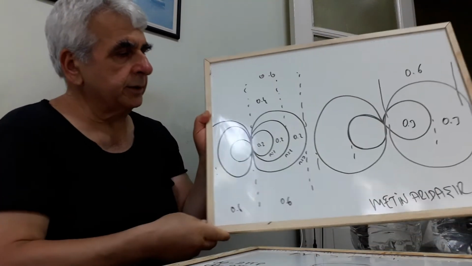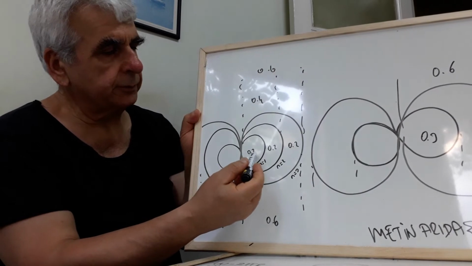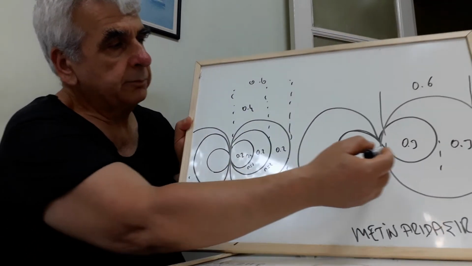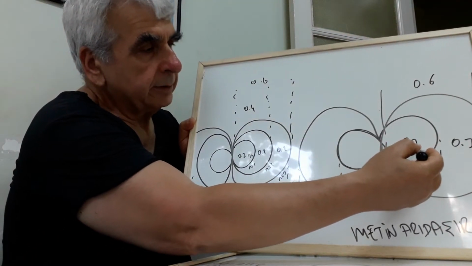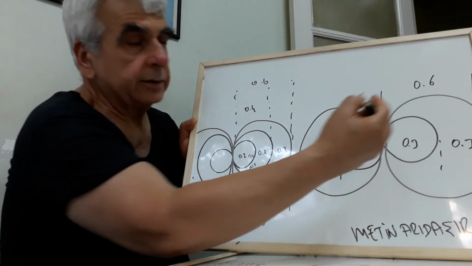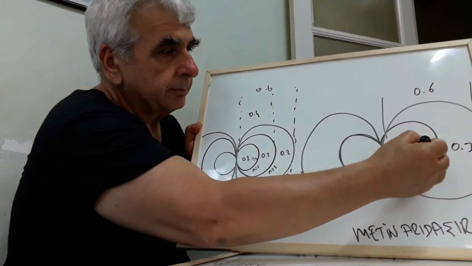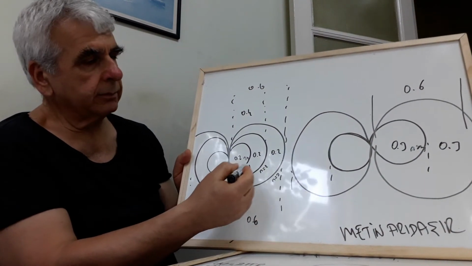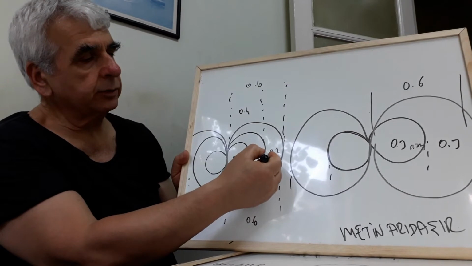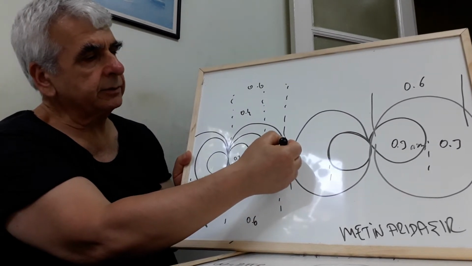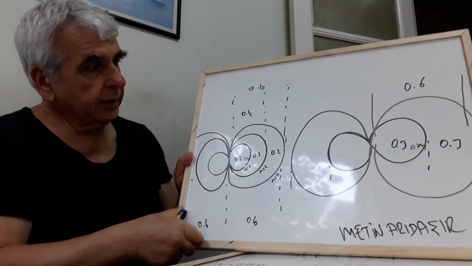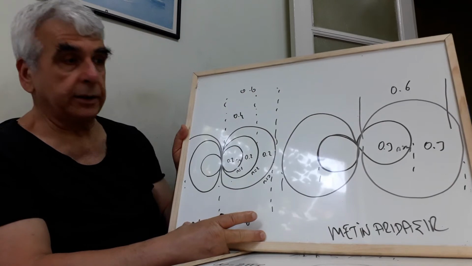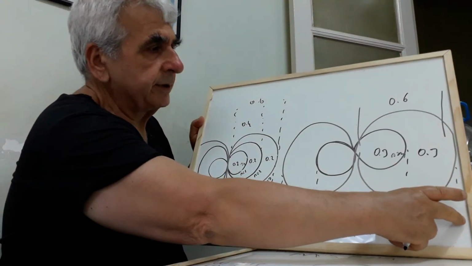Say smaller electron motion forms wavelength is 0.2 nanometer and bigger one wavelength or radius is 0.3 nanometer. Okay. This is n equal 1, first cycle, n equal 2, second cycle, n equal 3, third cycle. Say the distance 0.6 nanometer, here 0.6 nanometer.